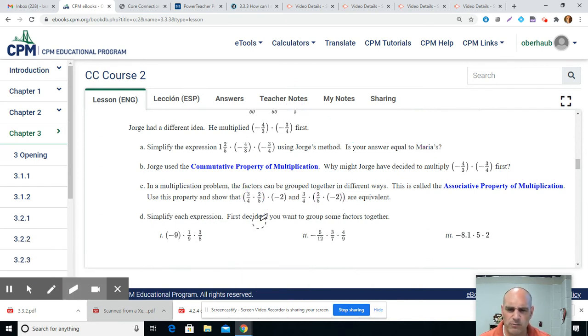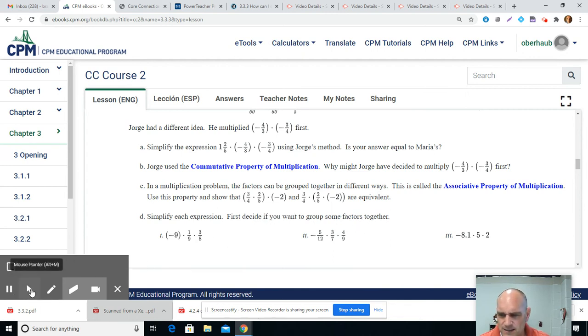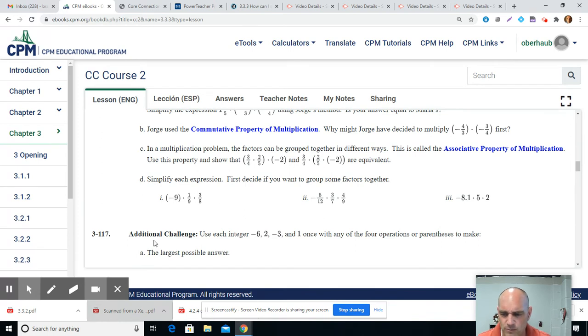So simplify each expression. First, decide if you want to group some factors together. Let's see if I can scroll up, give myself a little bit more room. If I was doing this one, what I would probably do first is multiply these two fractions first because I've got some cross canceling that's going to go on with these.